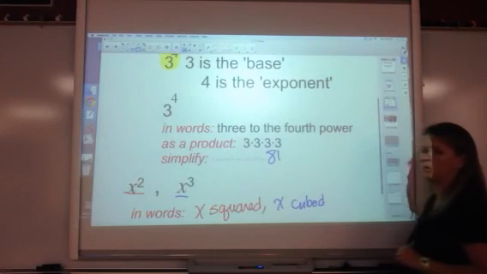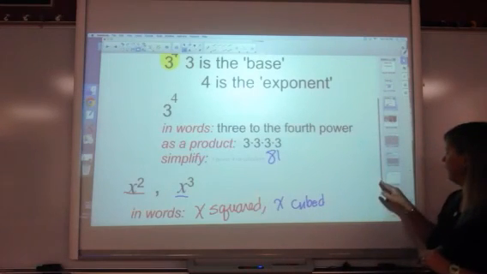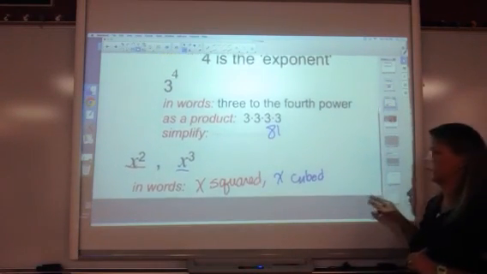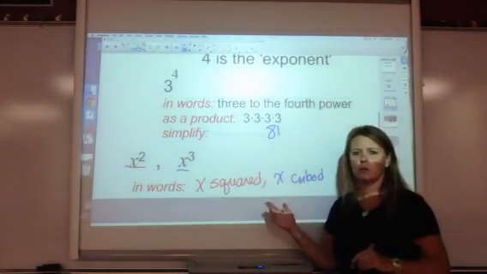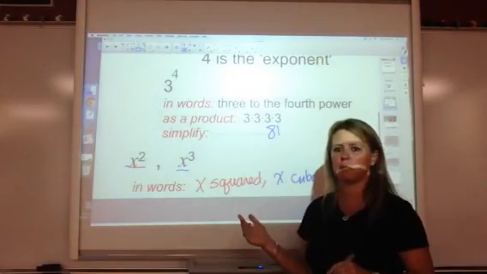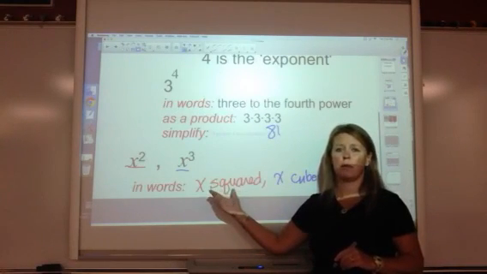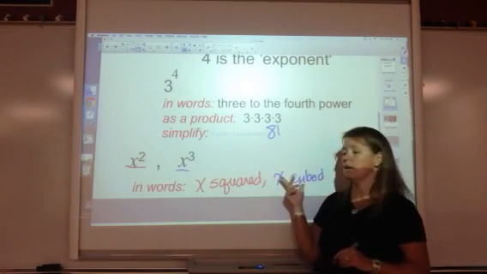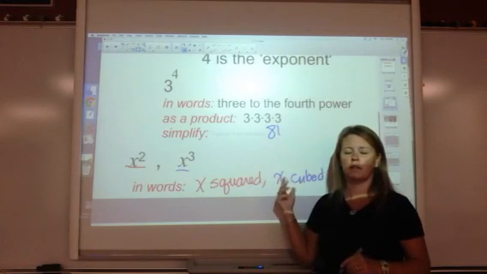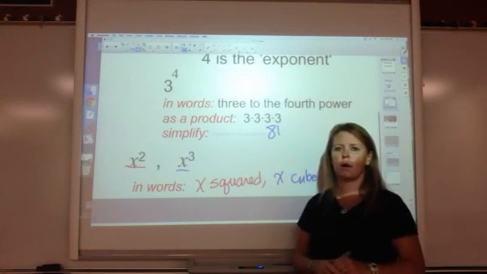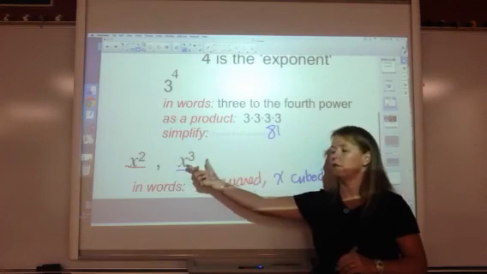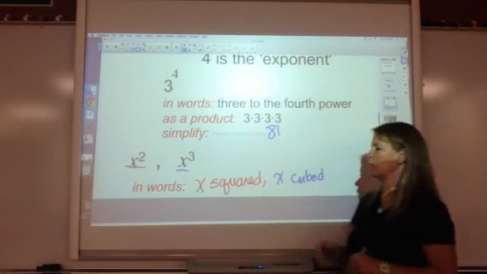And one of the main reasons that those are used so often as a shortcut is because of measurements. If you're going to buy a square foot or square yard, probably of carpet, or are you going to buy cubic yards of dirt to put in your yard? So square and cubed are very, very much used in units and measurements.